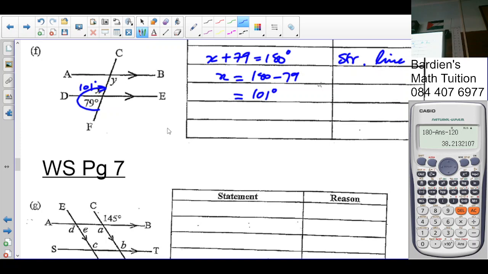Now you can calculate y. Can you see that? So y is equal to 101. Reason? Alternate angles, with AB being parallel to DE or ED.